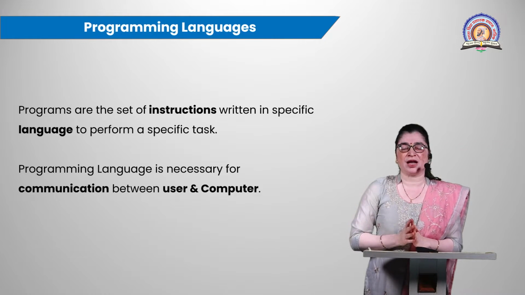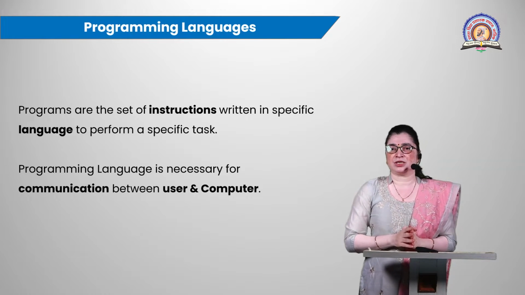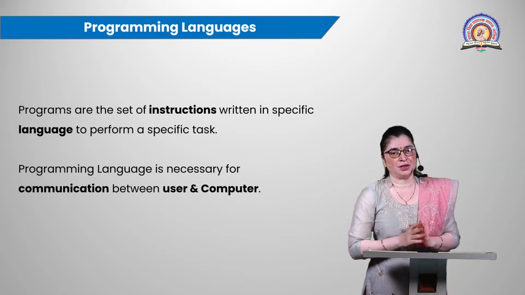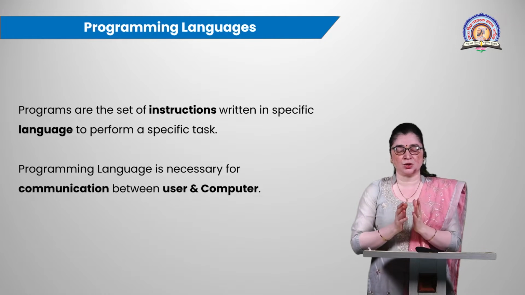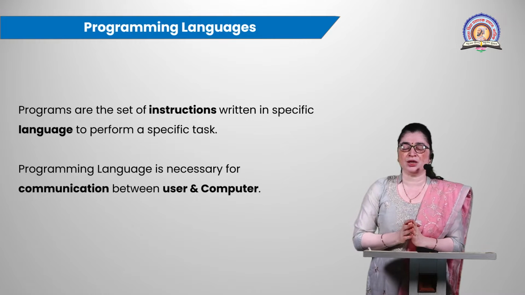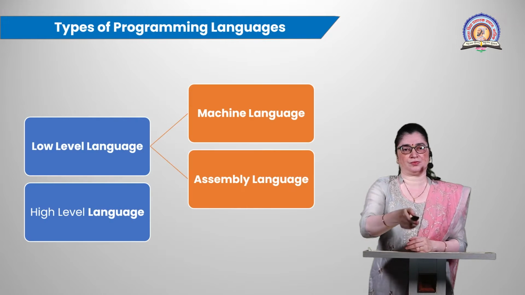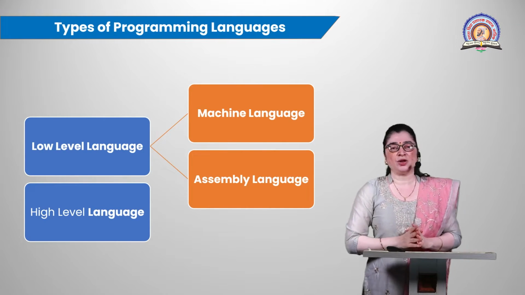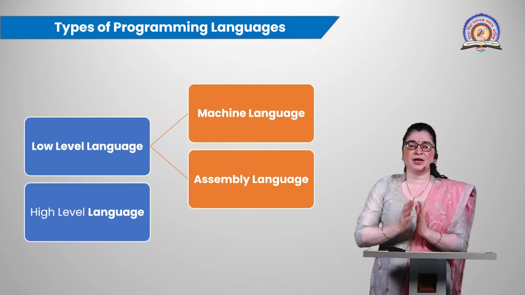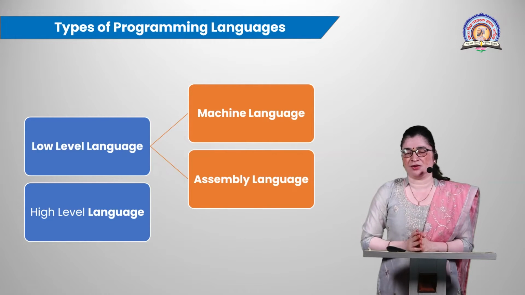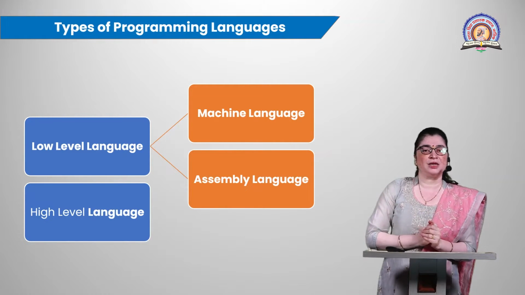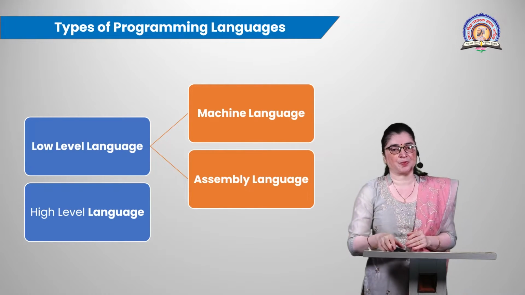So programming language, it is a set of instruction, set of command written in a specific format. Specific rules and regulations are to be followed. Then the low level language, it is divided into two types: machine language and assembly level language. And another type is higher level language.